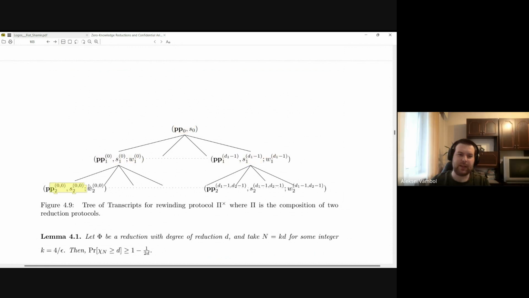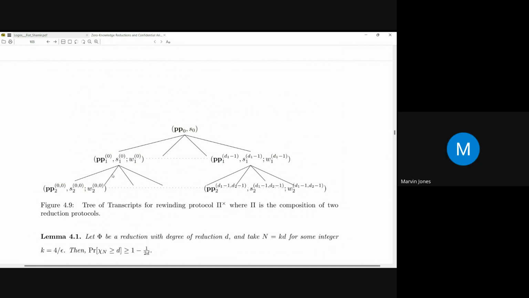And S1, S2, those are, like I said, for a reduction. When you consider reduction, you're actually considering it going into different witness statement spaces. But that's not important for interactive protocols. It's just that this was the diagram I knew where it was.